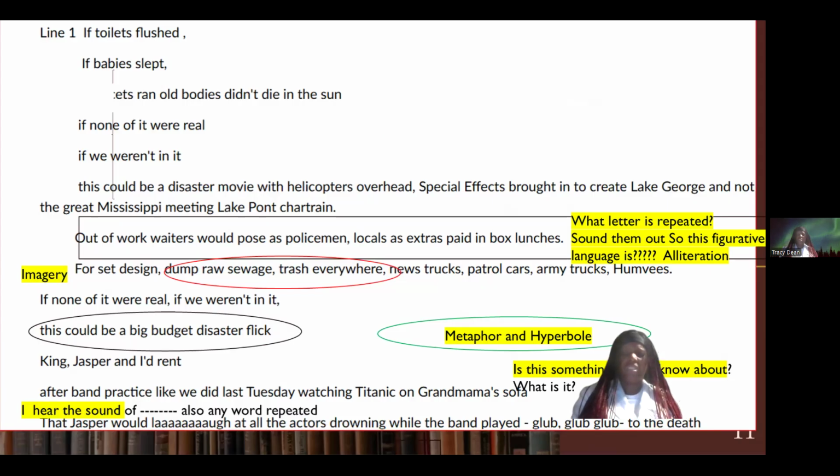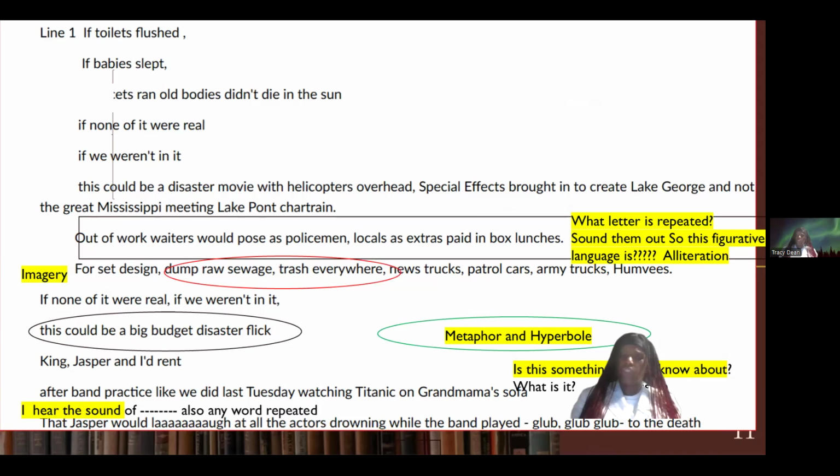And sound. It's not alliteration. It's the same word over and over again. That one is onomatopoeia, like wow, crash, clank. Everybody got that? Different from the other sound word.